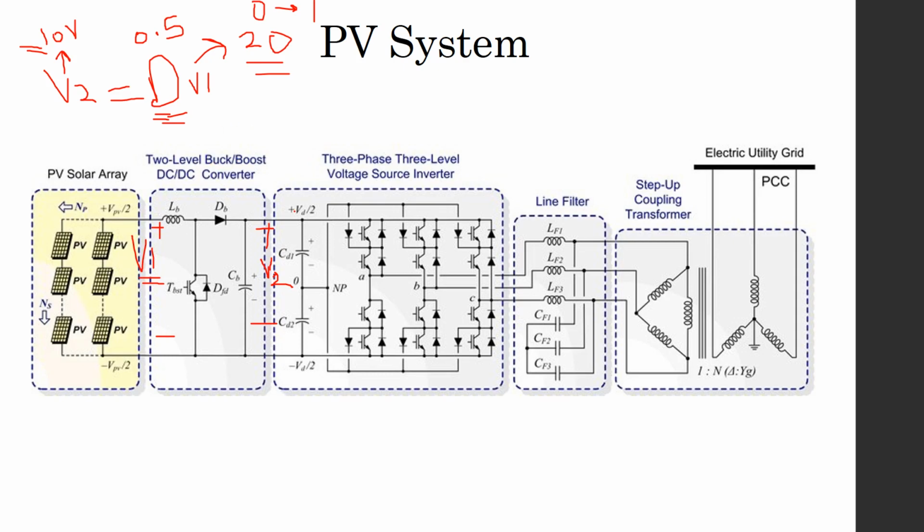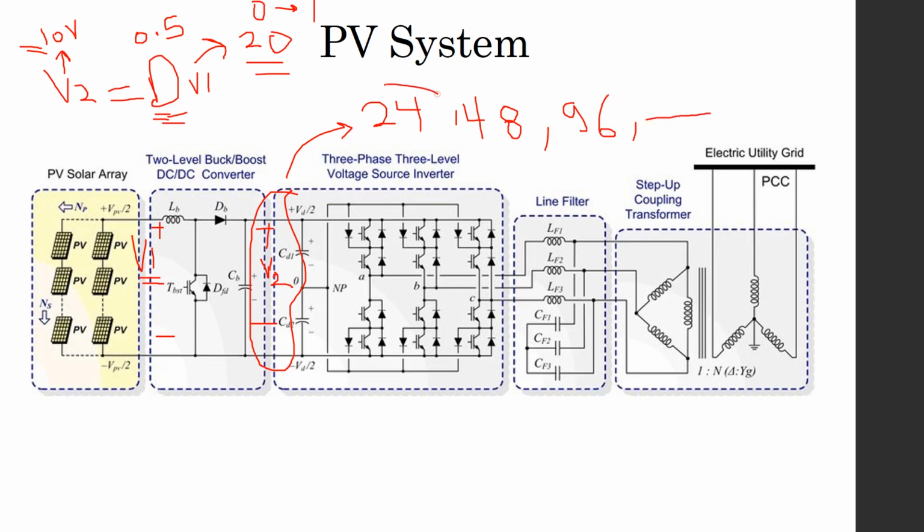Inside the PV system, this V2 is connected to batteries, connected to a group of batteries. These batteries can, for example, have a voltage of 24 volt, or can have 48 volt, this is the voltage of the batteries, or 96 volt, and so on.